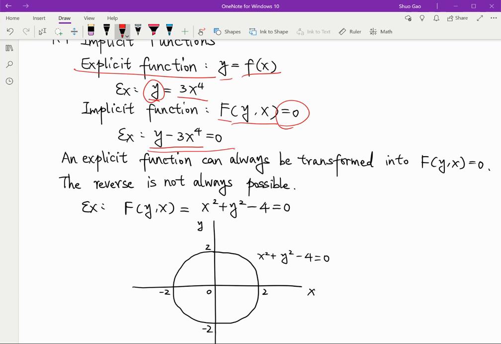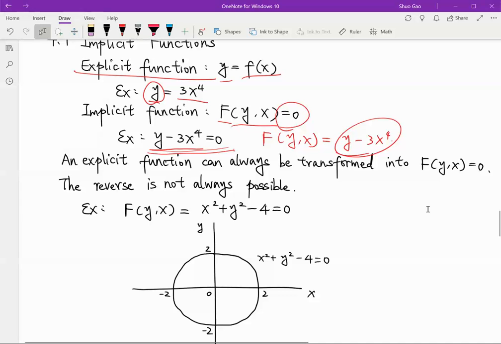In this equation, the independent variable x and the dependent variable y are on the same side of the equation. So we say that this is an implicit function, right? Here in this example, the big F(y, x) equals y minus 3x to the 4th. So this is the expression.